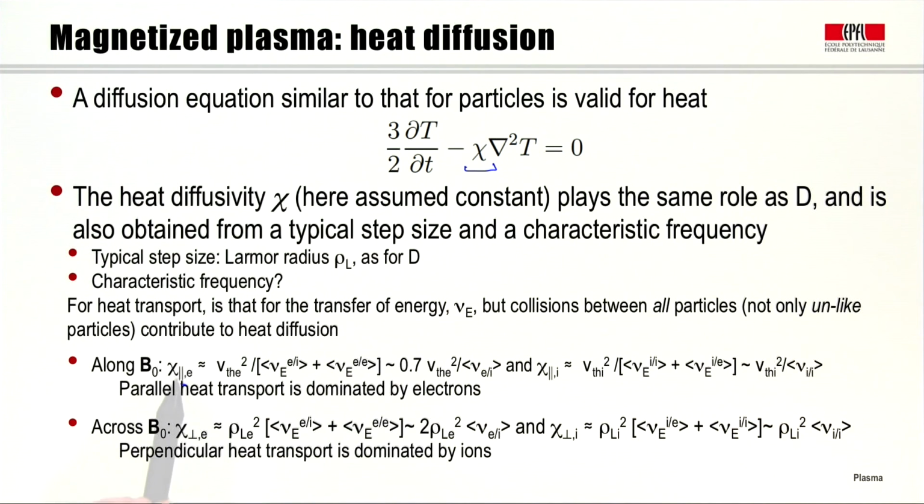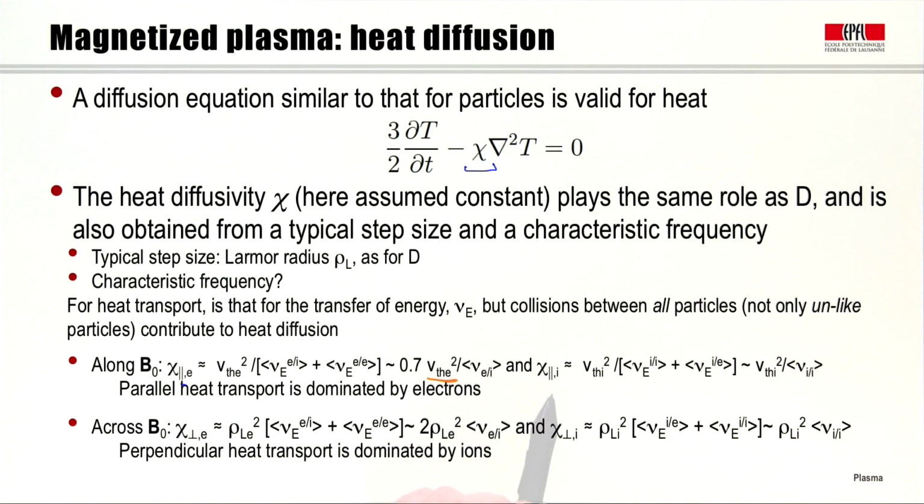Along the magnetic field, the chi, we call it parallel, for electrons will be the thermal speed of the electrons squared divided by the sum of the relevant collision frequencies, though again for the exchange of energy, which I call nu sub E, as you have seen in the first part of the course: electrons and ions, or electrons on electrons. That corresponds to a constant of the order of 1 times the square of the thermal speed divided by the collision frequency for momentum exchange.